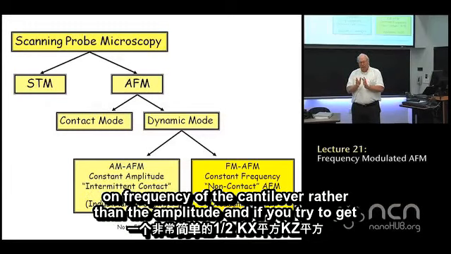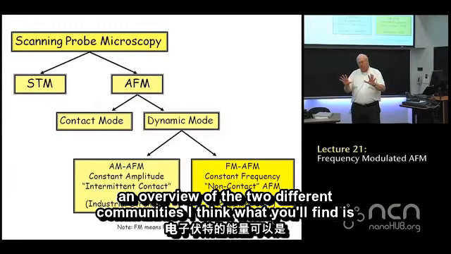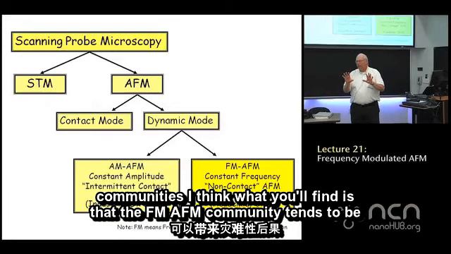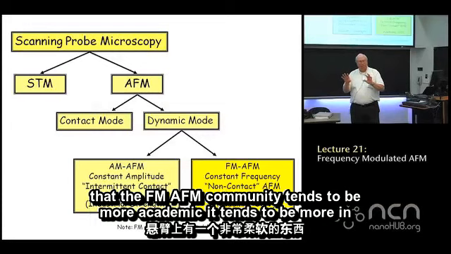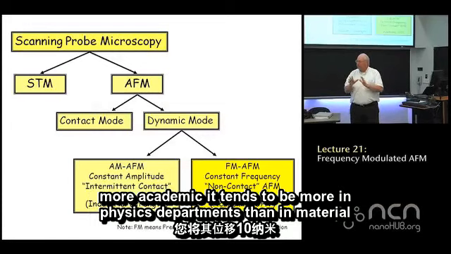And if you try to get an overview of the two different communities, I think what you'll find is that the FM AFM community tends to be more academic. It tends to be more in physics departments than in materials science and engineering.